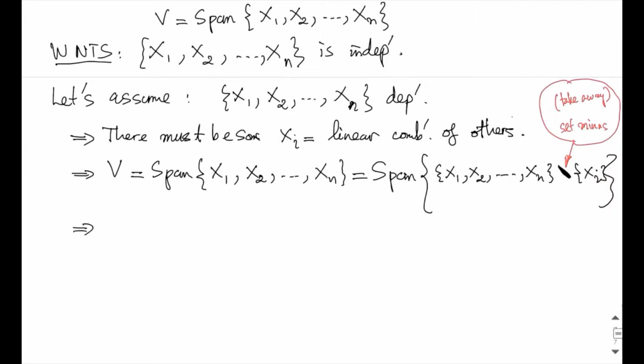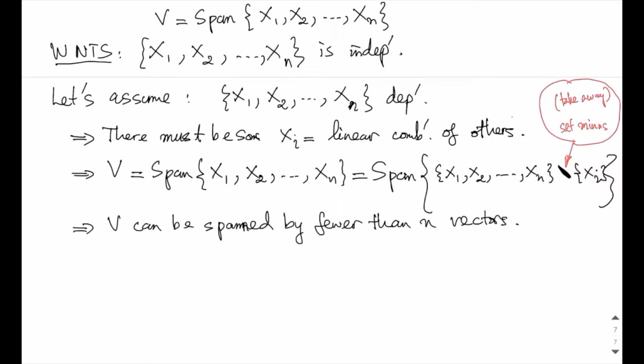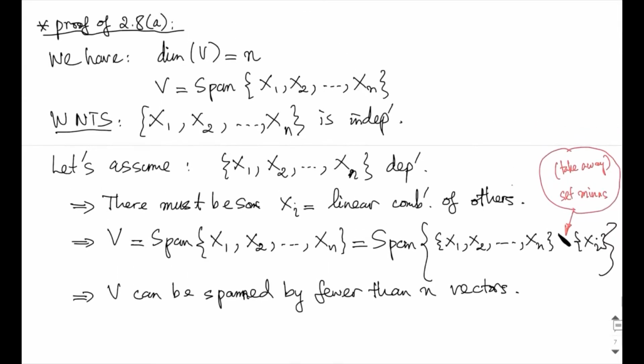Alright, this means that V can be spanned by fewer than n vectors. But this is going to contradict the fact that n is the dimension of V, which means that at least you need n vectors to span V. You cannot span V with fewer than that number of vectors, right?